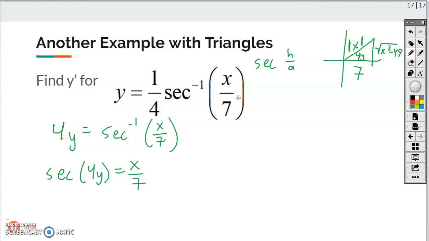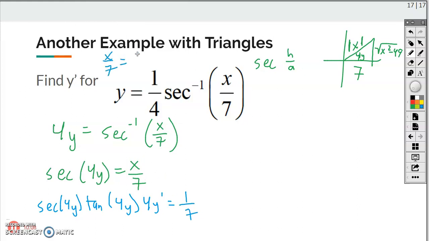All right, now we can take the derivative. So the derivative of secant is going to be secant of 4y, tangent of 4y, and then the derivative of 4y, which is 4y prime. The derivative of x over 7 is just 1/7. You can think about x over 7 as 1/7 times x, so the derivative would just be 1/7.